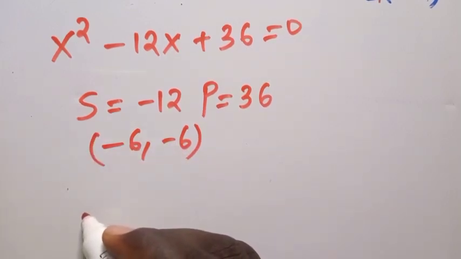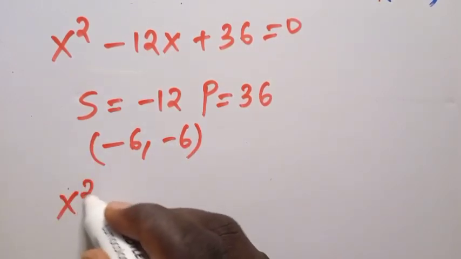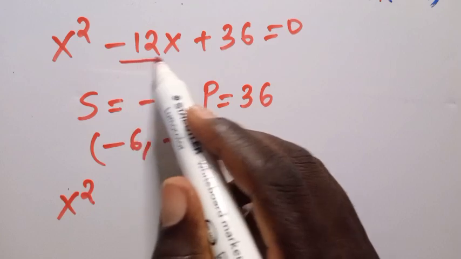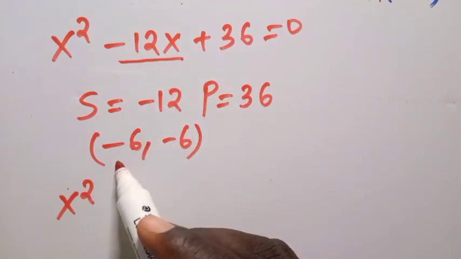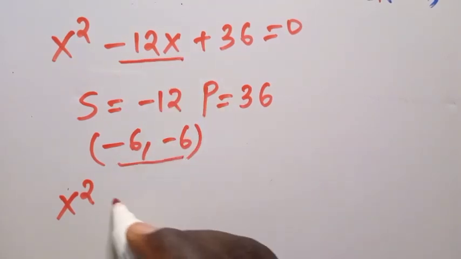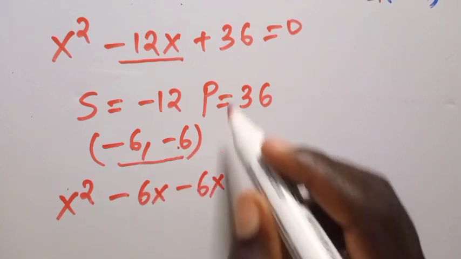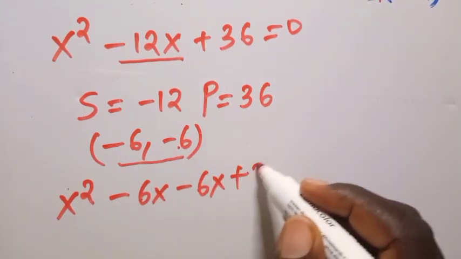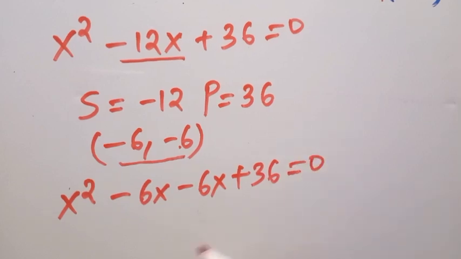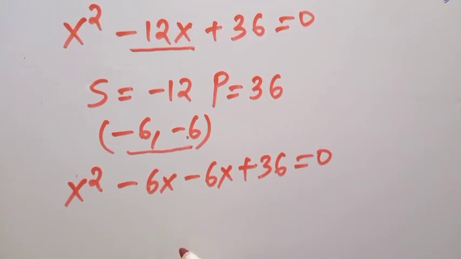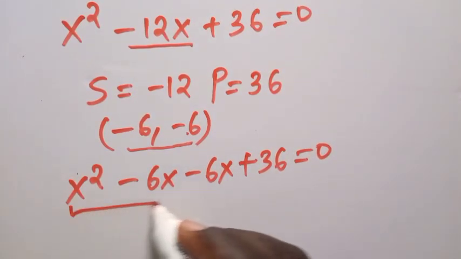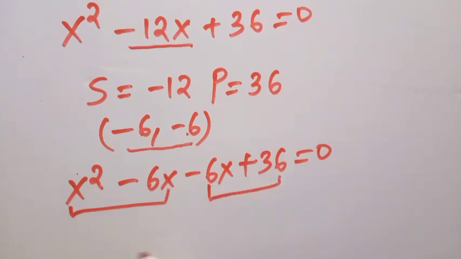Now that means I shall have x squared, instead of minus 12x, I shall have minus 6x, then minus 6x, then plus 36 equals 0. Now reaching this point, we can group these two and also group these two.